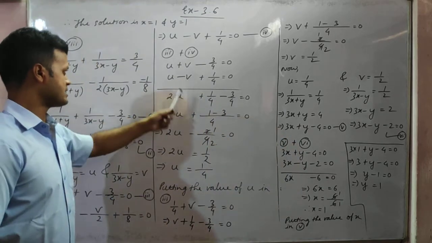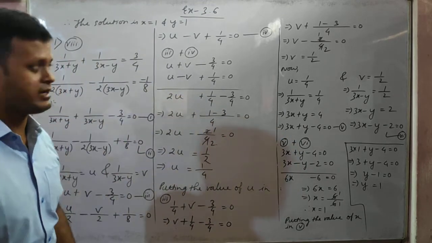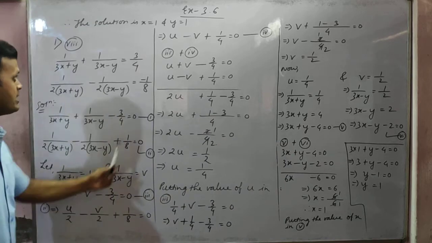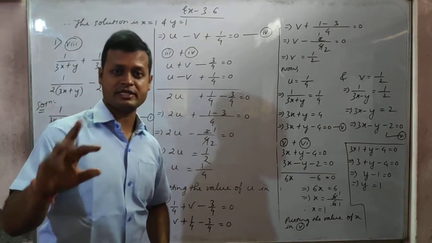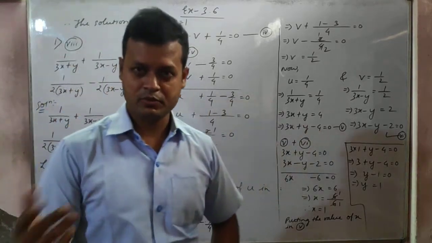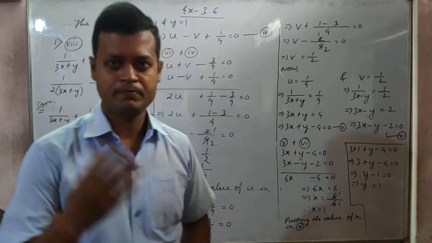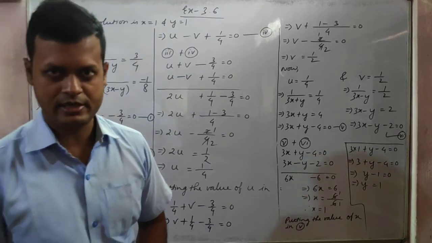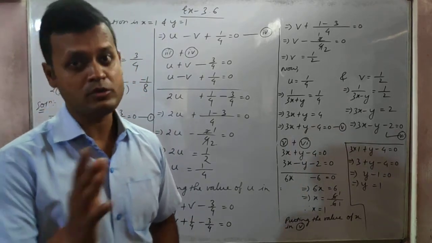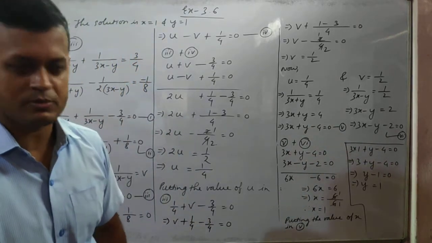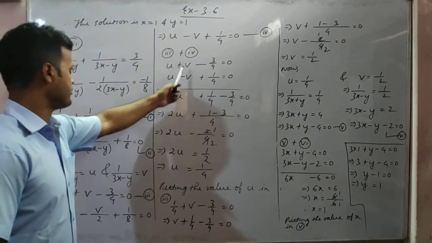Why are we adding? Because before v there is a plus sign and here before v a minus sign. So if opposite signs are there before the two variables that you want to cancel, then you have to add the two equations. And if the same sign is there before both variables, then you have to subtract the two equations. That's why I am adding. So v and v is cancelled.